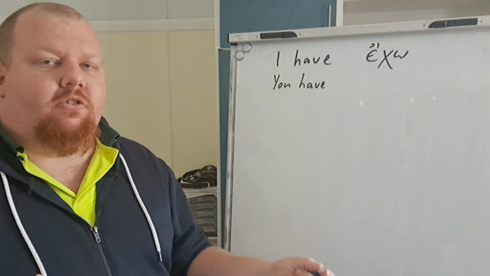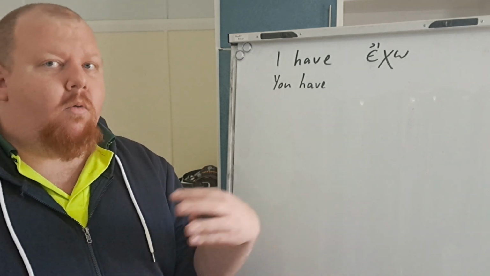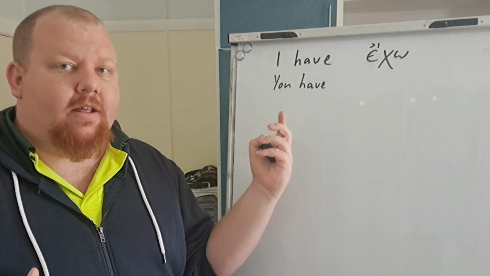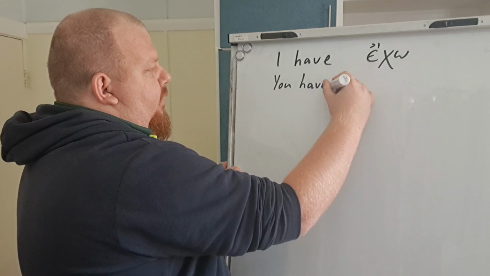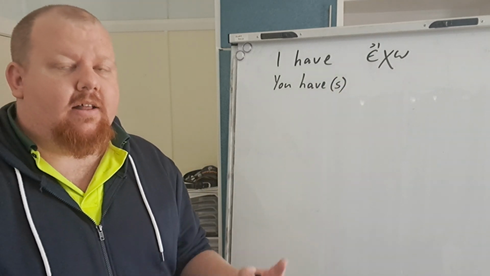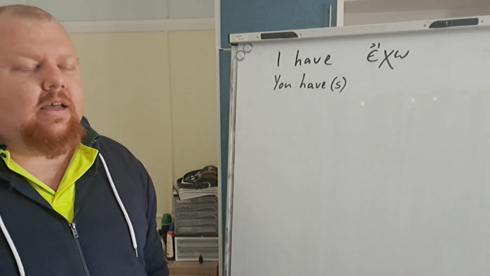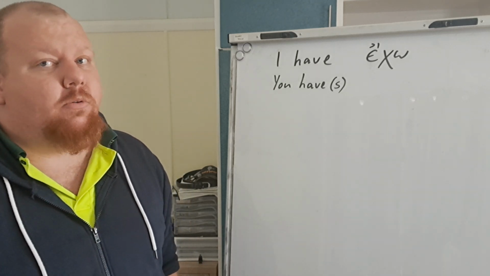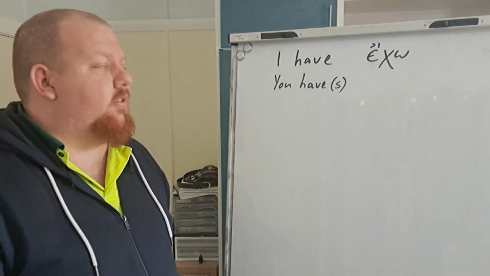But if you're going to translate between modern English and Greek, or vice versa, if you want to distinguish you have in the singular and you have in the plural, just write you have with an S at the end to imply it's singular, or P if it's going to be plural, okay? Over time, you're not going to worry too much about it. You'll just instinctively know which one's which. But while you're learning, just do this, okay?